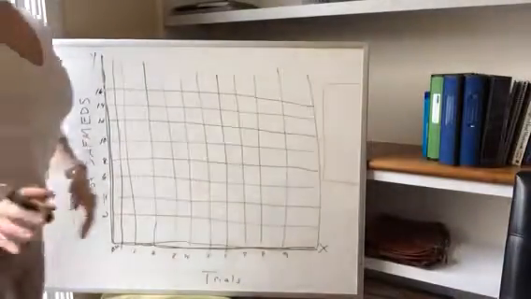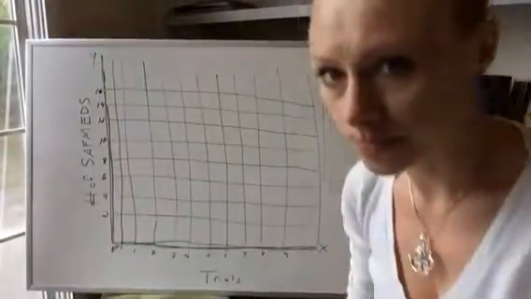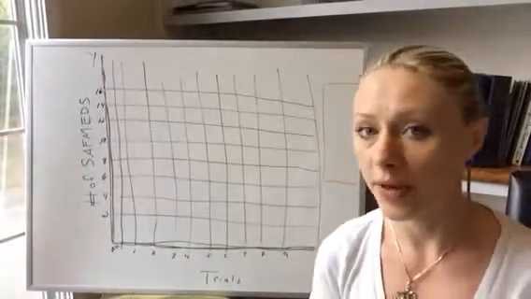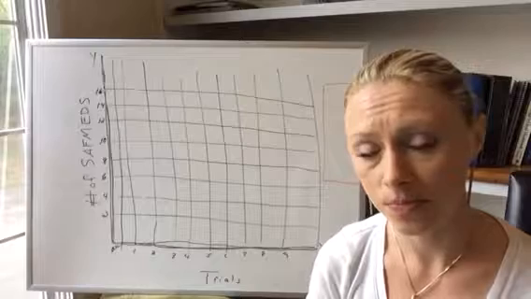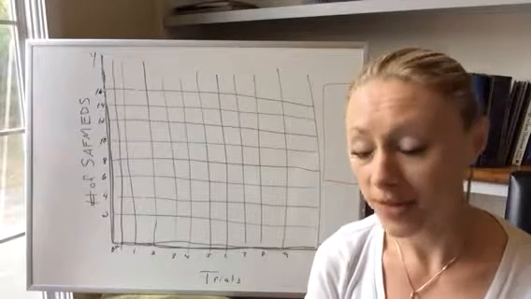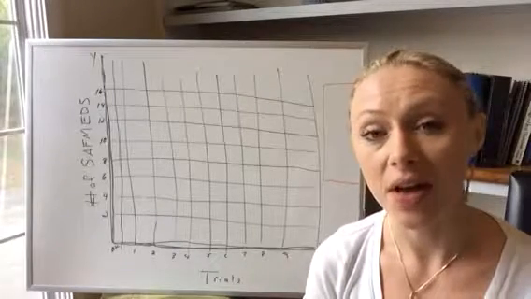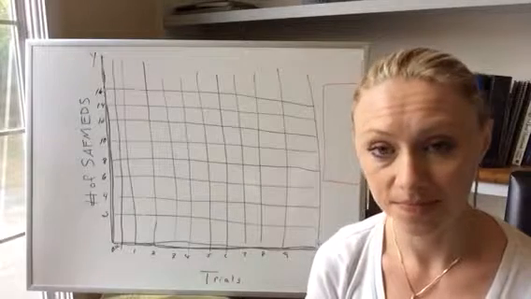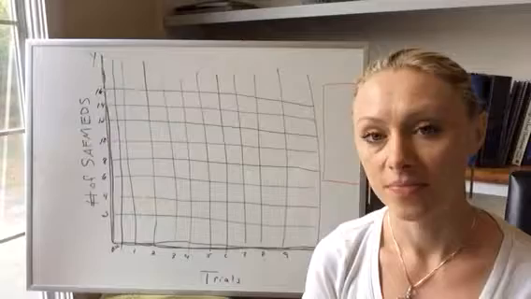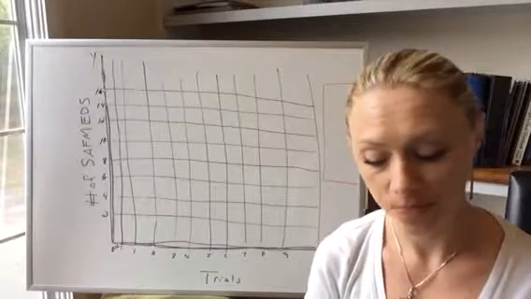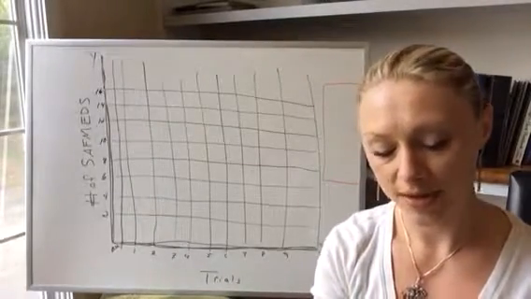Let's make sure that we have a SAFMED card for it. All right, so take a SAFMED card, on one side, write X axis, and then on the other side, you're going to write the definition.